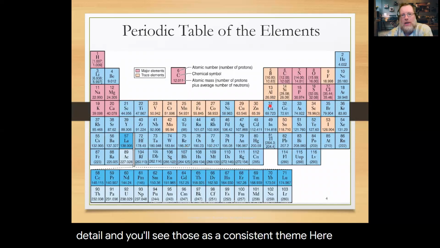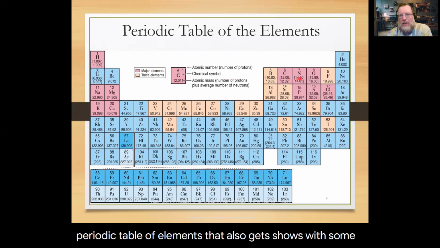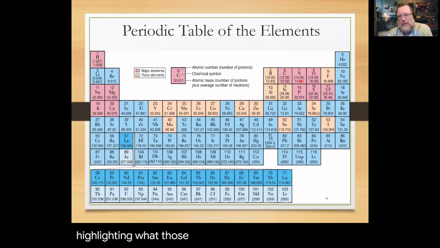Here's the periodic table of elements that also shows with some highlighting what those 26 elements are. So we have what are called the major elements and the trace elements. So in addition to H, C, and O, we also have a couple other major elements, sodium and potassium.